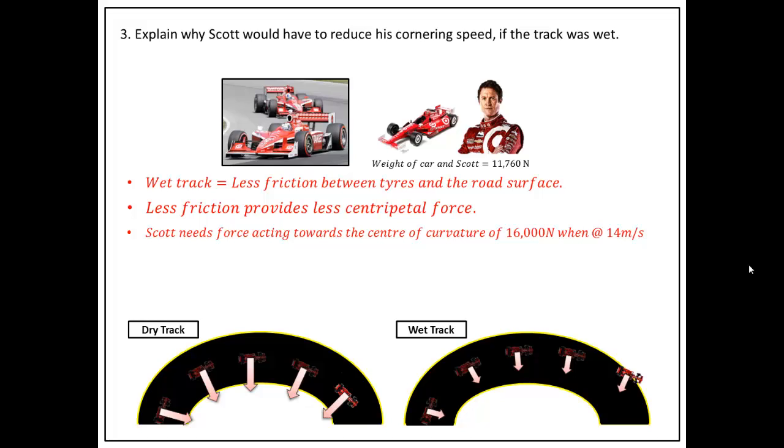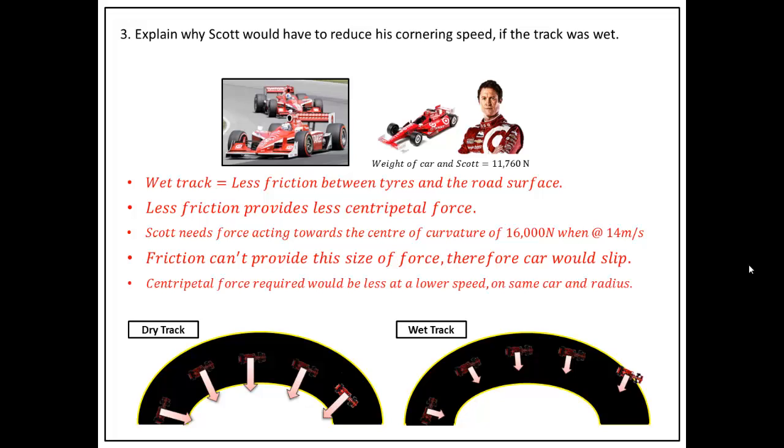So friction in the wet conditions is less likely to be able to provide the required 16,000 newtons, and therefore the car would slip. If Scott reduced his speed then a smaller centripetal force would be needed, and it would be more likely that he could get this smaller force from the friction between his tyres and the road.